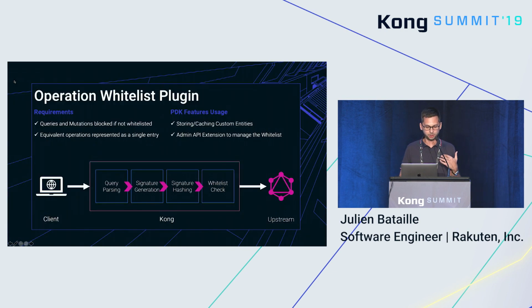When we talked to the team requesting this feature, they were stuck with an existing system that has not so much flexibility, and it was very easy for us to implement exactly what they wanted. It was really thanks to the PDK feature, and especially when something might appear complicated, you should look into the admin API extensions. It's really useful.